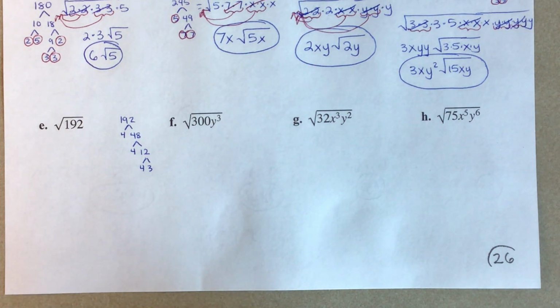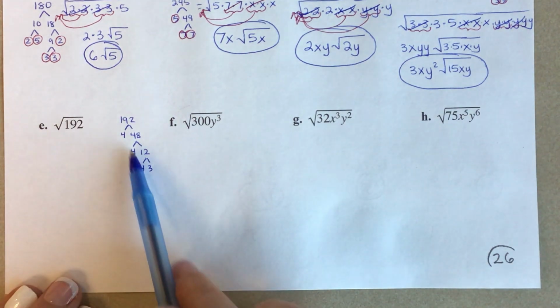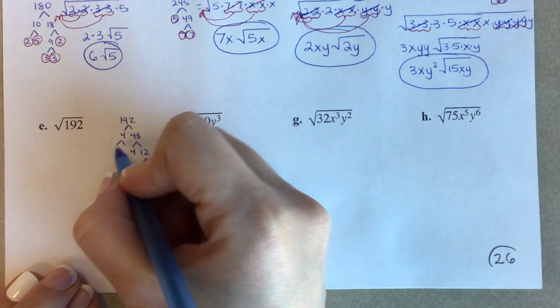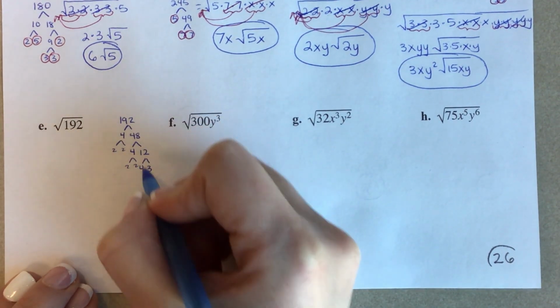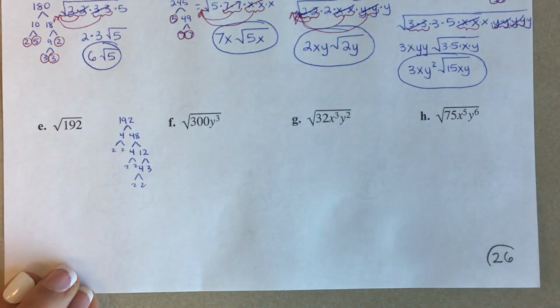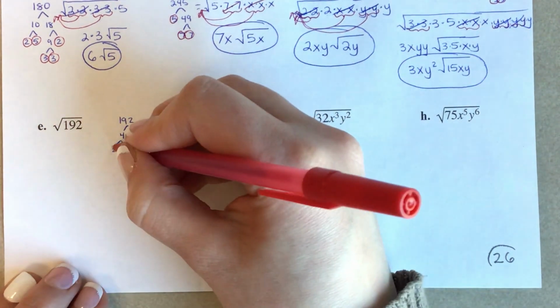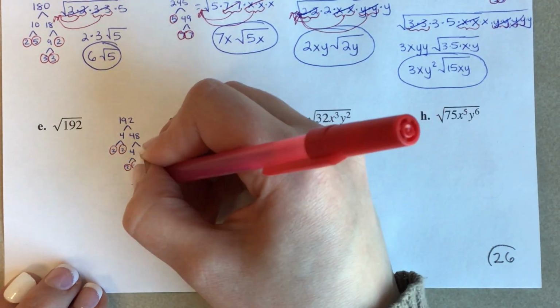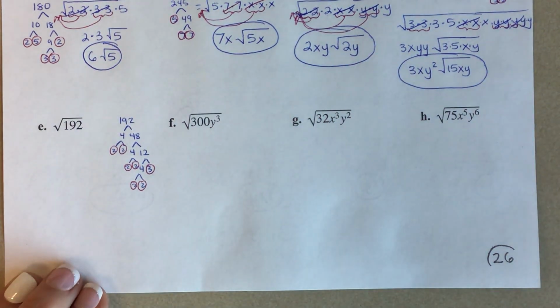Now, what you can also do is pull out these pairs of numbers like so, but I will go ahead and bring it all the way down to their prime numbers just so you can see it. So I've got 2, 2, 2, 2, 2, 2, and 3.